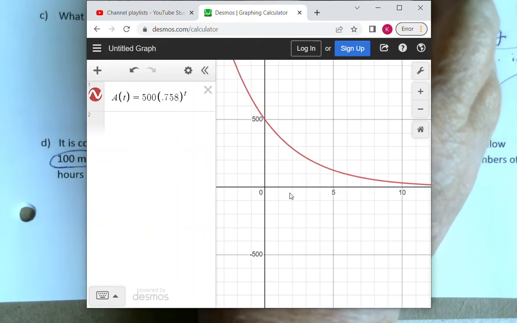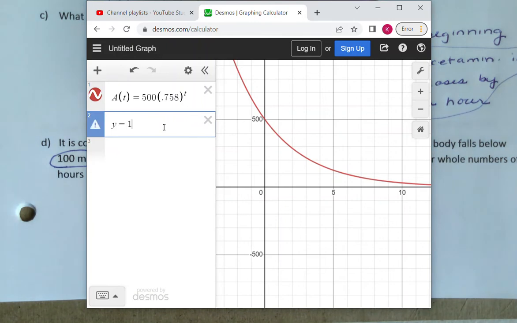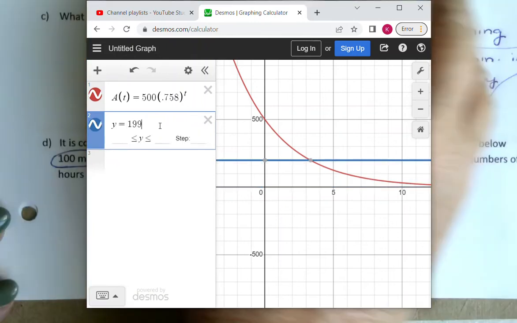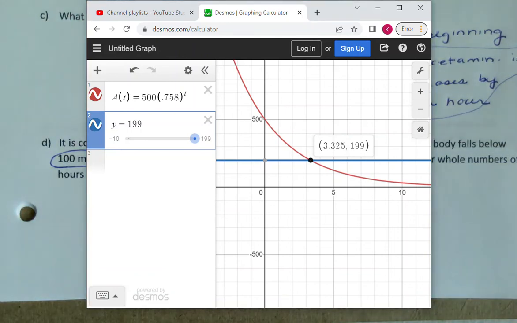Okay. All right. So I'm going to also add in the line y equals 100. And we could see that it takes about 3.3 hours to get to the point where we have 100 milligrams in the body. So you'd have to go past the 3.3 hour mark before you should take another dose. So to go past 3.3, if we're only considering whole numbers, we would be at 4 hours.